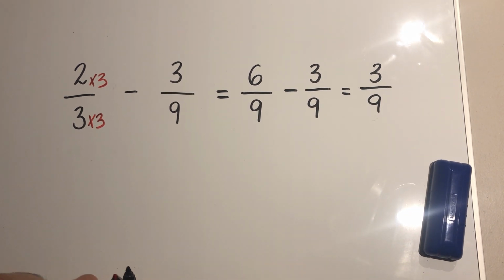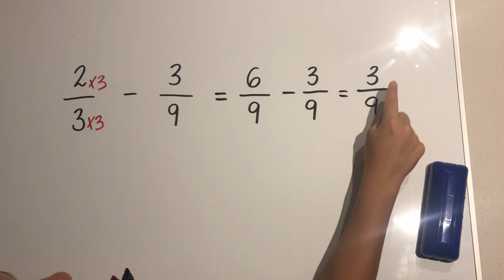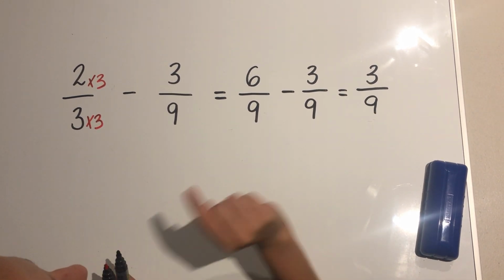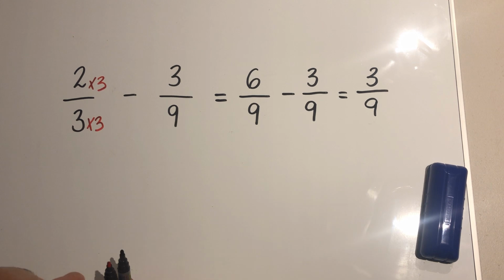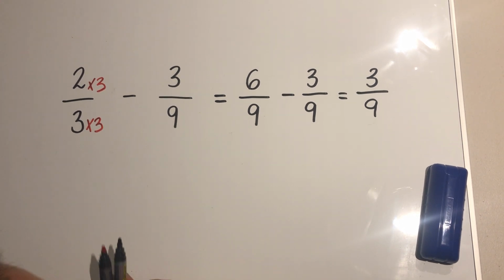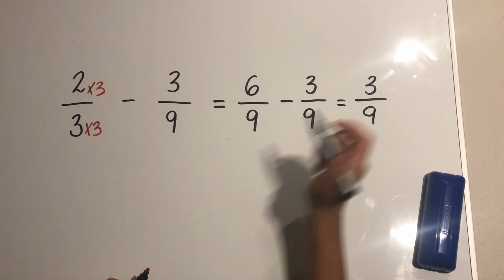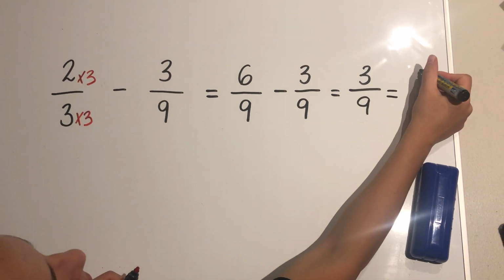So if you have a think about it, we can see that 3 goes into 3 and 3 also goes into 9. So think, how many times does 3 go into 3? It goes into it once.